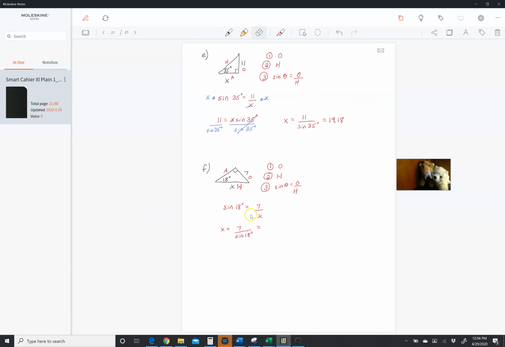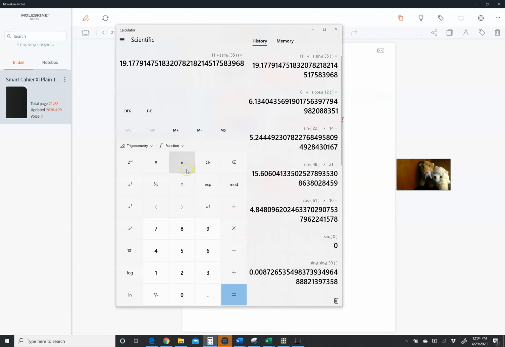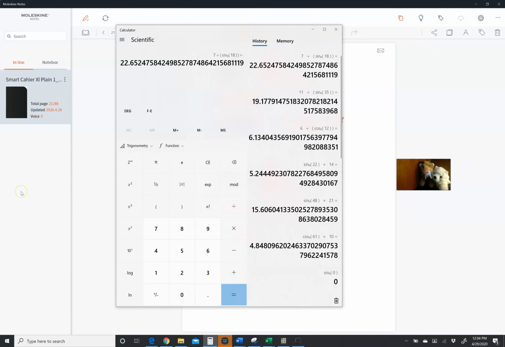That's okay. So you can go from here to here. And we put it into our calculator. We have 7 divided by, in parentheses, we do 18, and we find the sine. Close our parentheses. And we get 22.65.